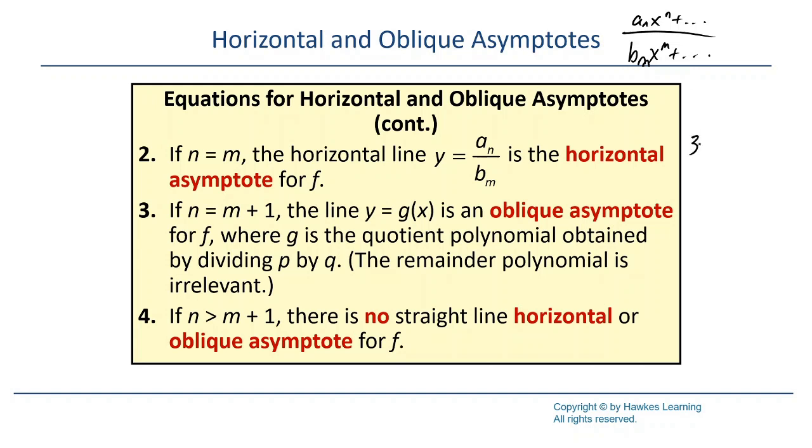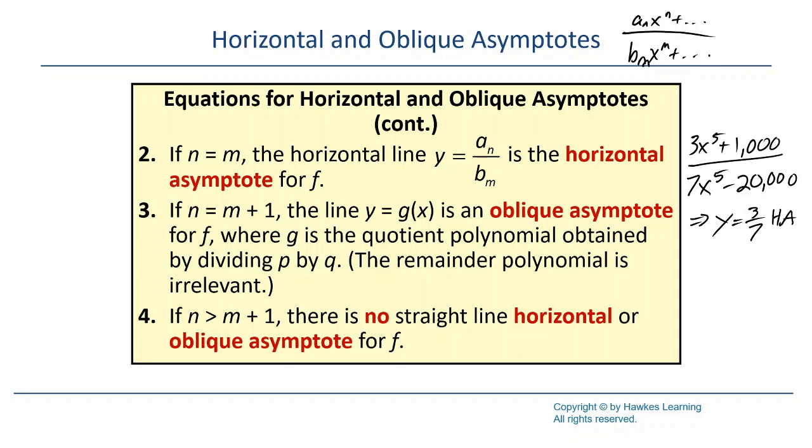So if you have 3x to the 5th plus 1,000 divided by 7x to the 5th minus 20,000, your horizontal asymptote is going to be y equals 3/7.